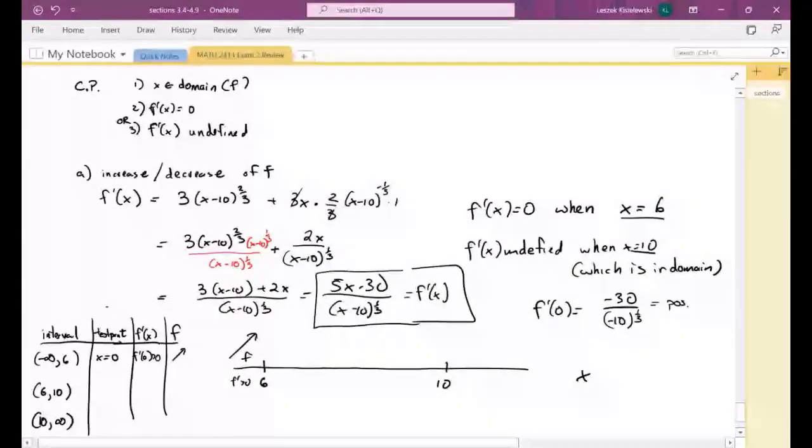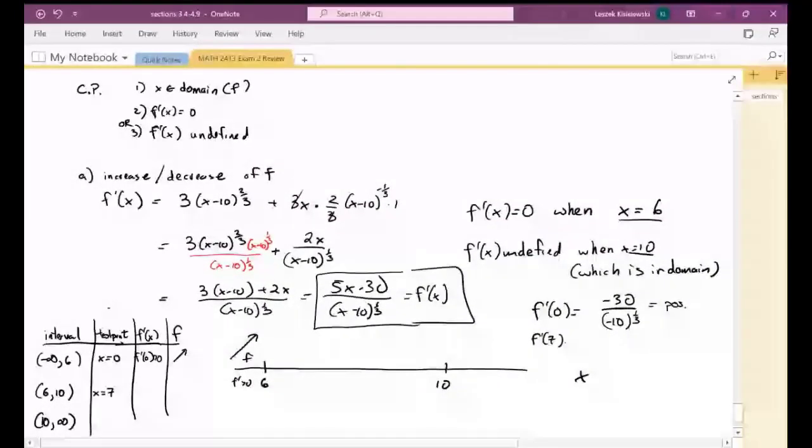All right, another test point like 7, I guess. The numerator is positive, the denominator is still going to be negative, so negative.